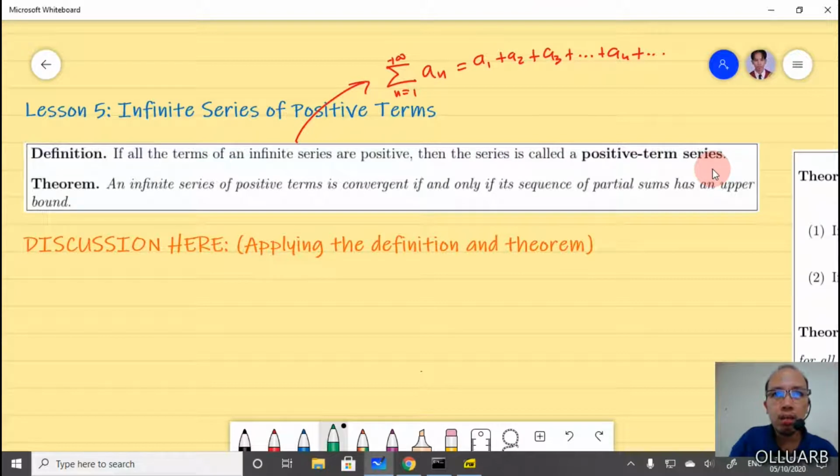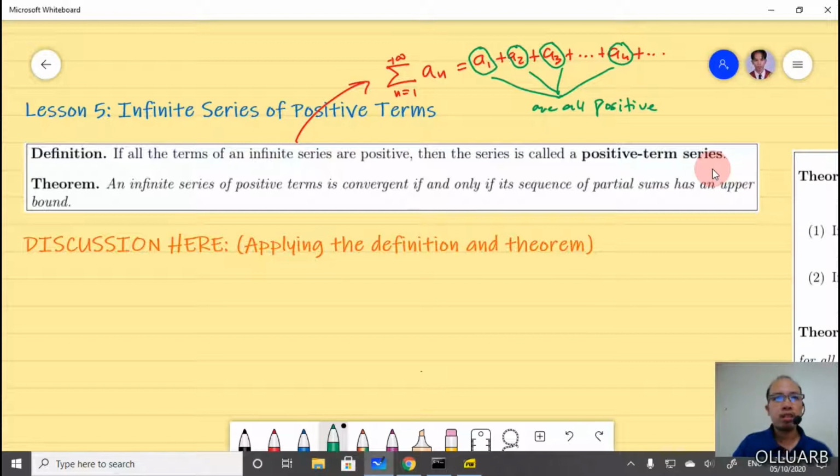If each term of this series is positive, then this series is called a positive series. That's what the definition means.